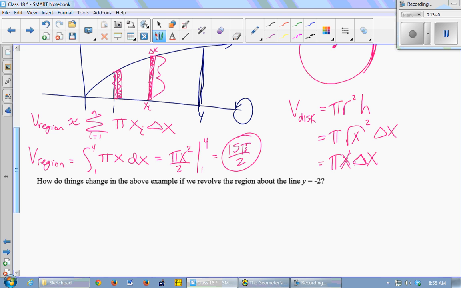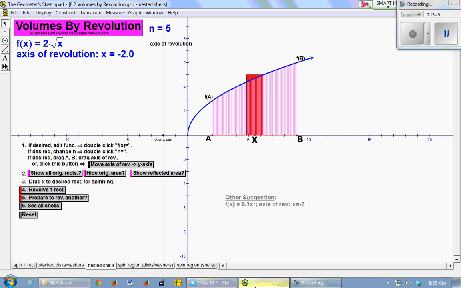That's the exact volume created when we rotate that region about the x-axis. All right, let's watch an animation of actually rotating this thing.